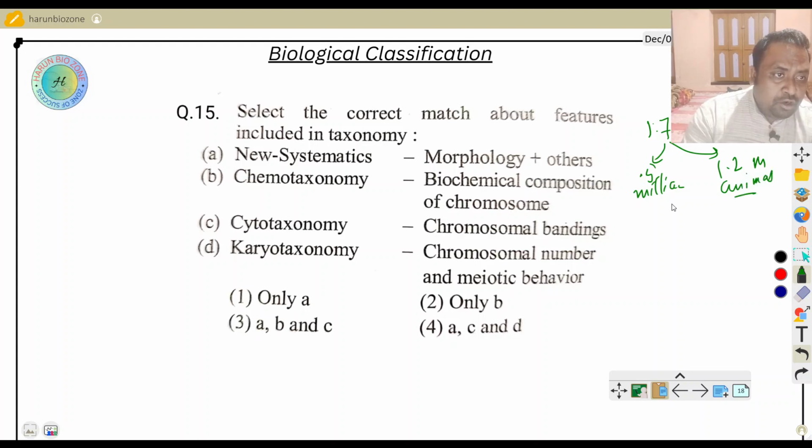The huge number of organisms needs to be separated or classified. For this, taxonomy arose. Okay, the taxonomy here is neosystematics.